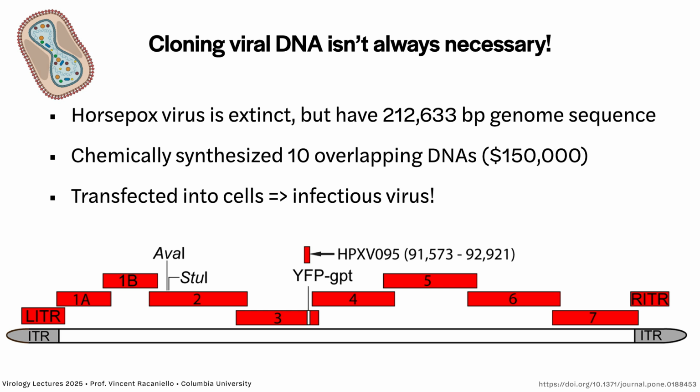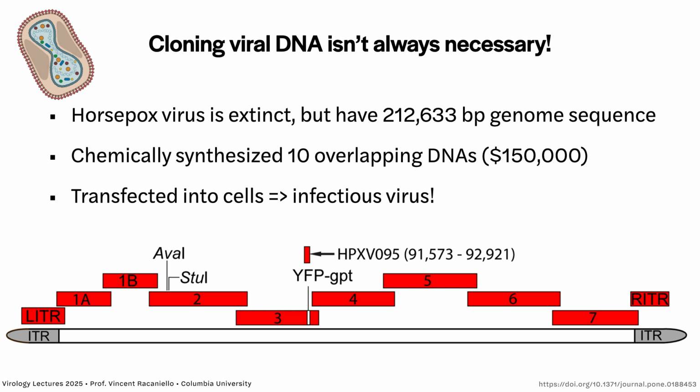Here's an example where investigators wanted to recover horsepox virus. So this was a pox virus of horses which had been extinct. But we did have the genome sequence. So investigators synthesized 10 overlapping DNAs at a cost of $150,000.